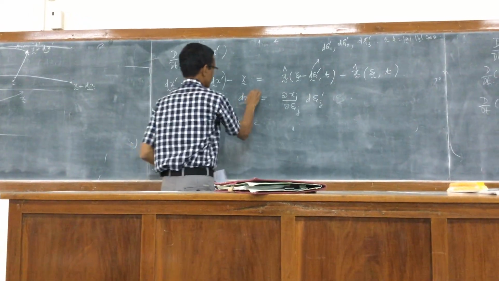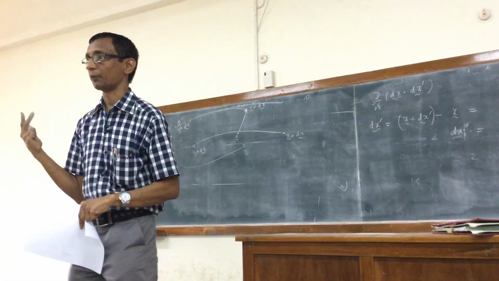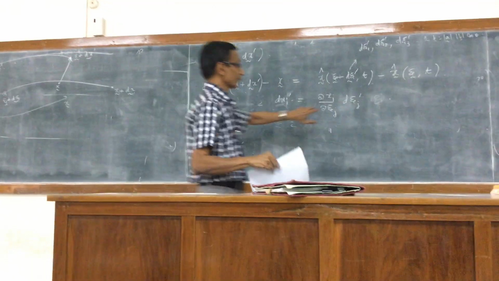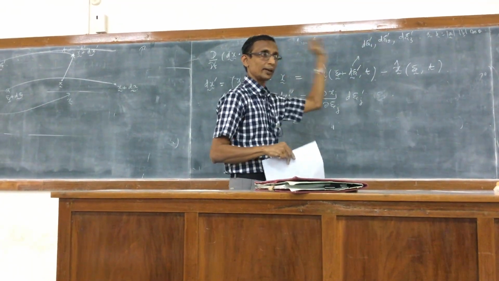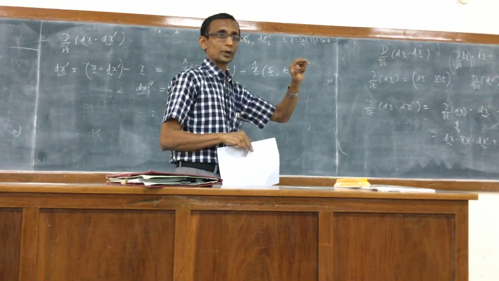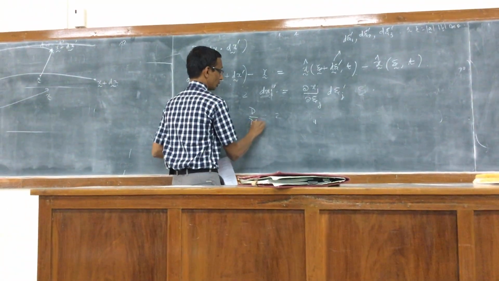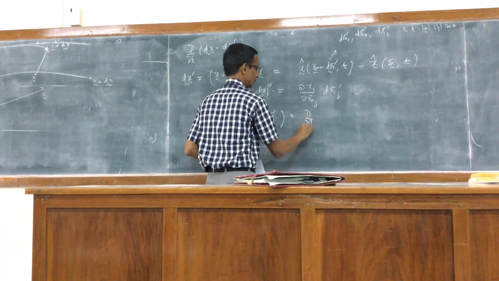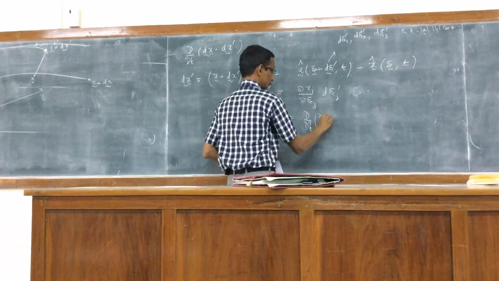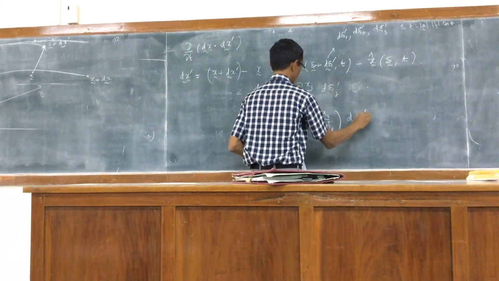Now, I'm sorry, this is prime. That's the difference between dxi and dxi prime. Right? So this will have d psi j prime, whereas that would have simply d psi j. Then you follow the same procedure that I adopted in the earlier case. You now get d by dt of dxi prime to be d by dt of d psi j prime.